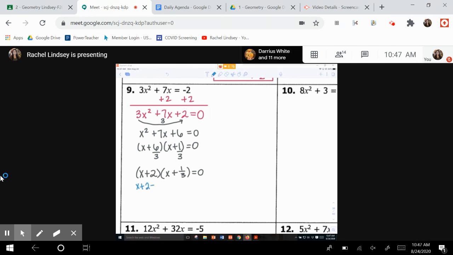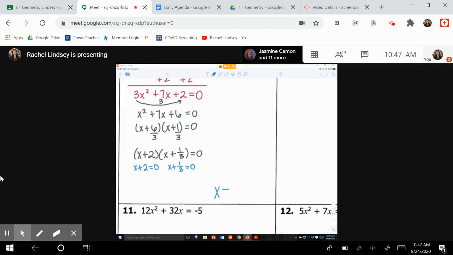Set them both equal to 0, solve and do inverse operations. And what are my two solutions? Negative 2 and negative 1/3.